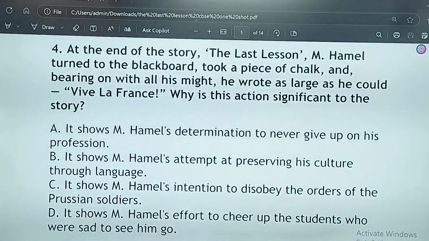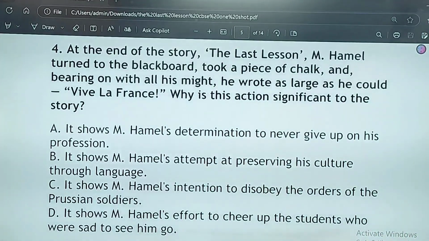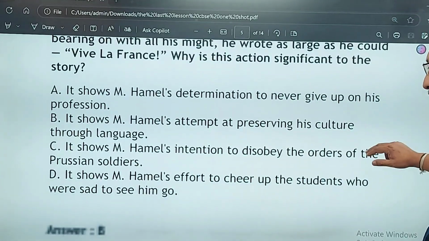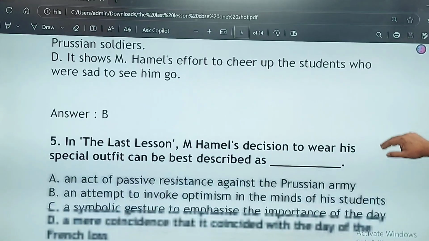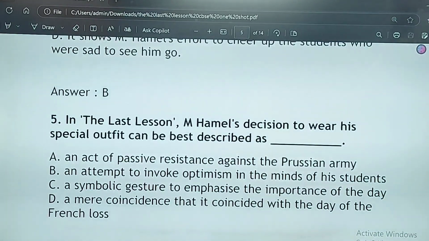Does it show his intention to disobey the orders of the Prussian soldiers? Or does it show his effort to cheer up the students who were sad to see him go? C and D, obviously not. Is it A or B? It is B.